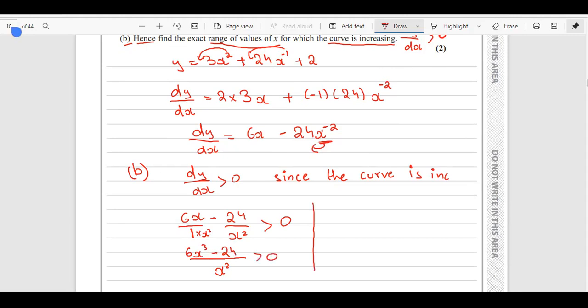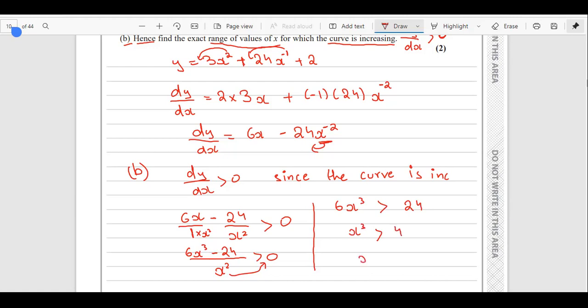Now I can take this x square to the side and I will have 6x cube greater than 24. x cube would be greater than 24 by 6, which is 4, right?